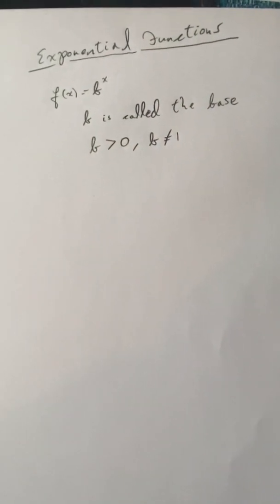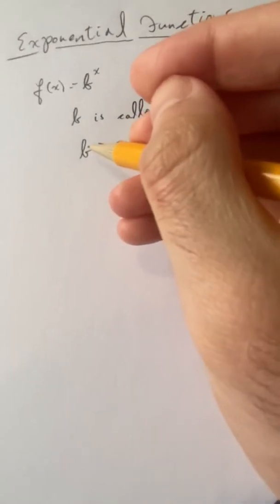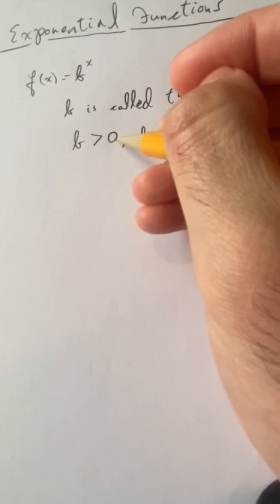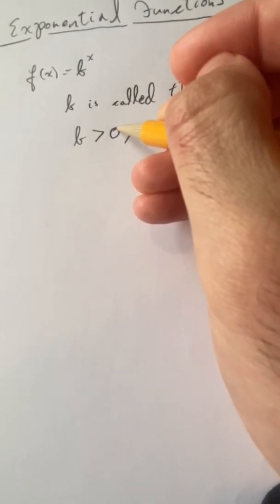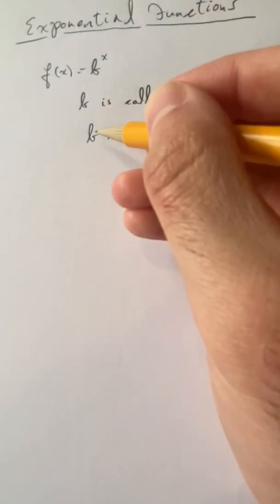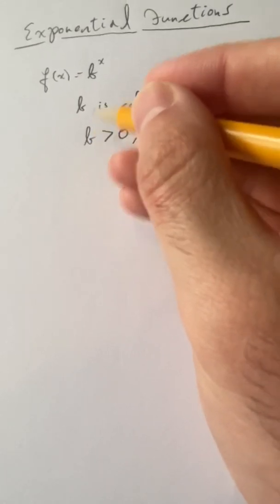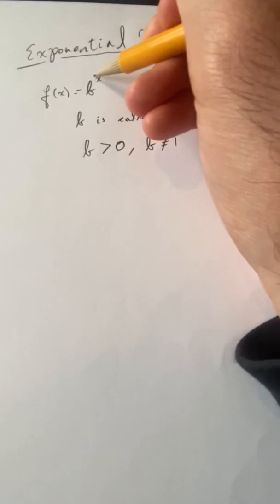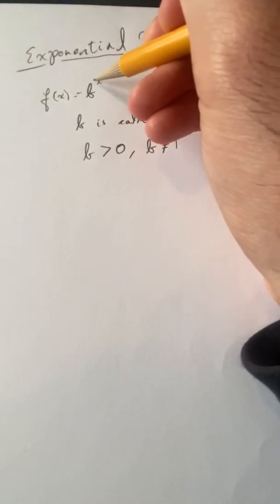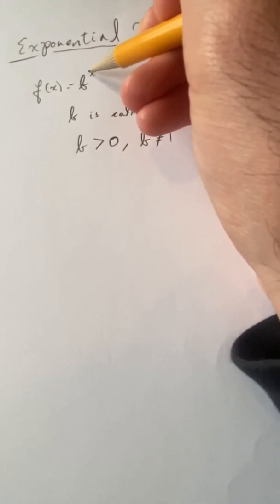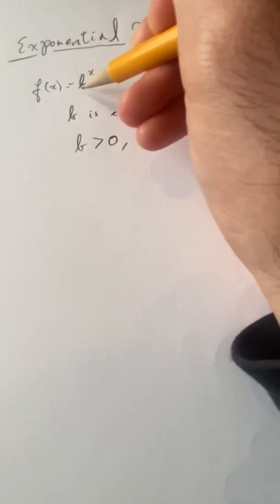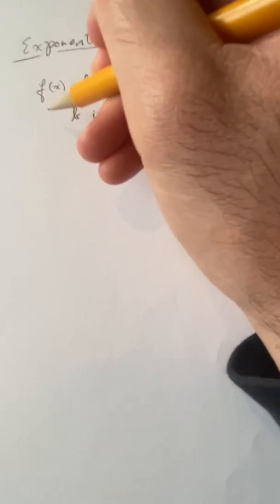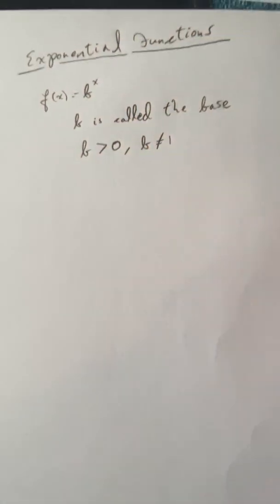Now, there's a reason for this. The reason that b has to be greater than 0 is so that whatever function we get winds up being continuous, okay? If b were, say, -1, then anytime you had a square root or an even-powered root as your exponent, the function would suddenly be undefined, so you'd have a bunch of disconnected points.